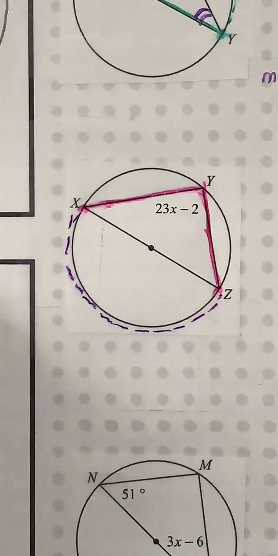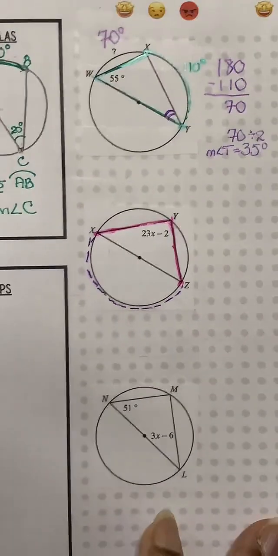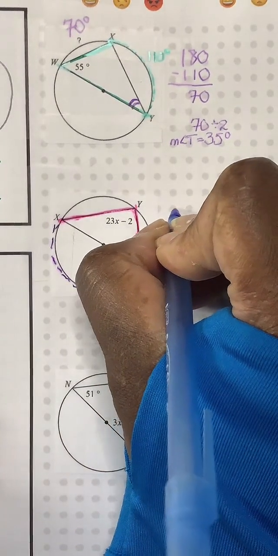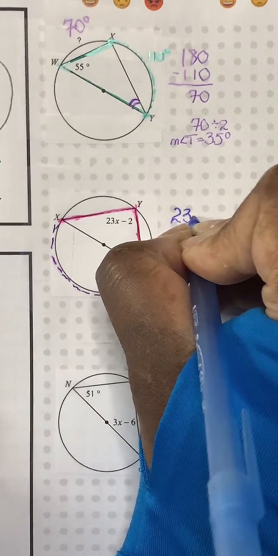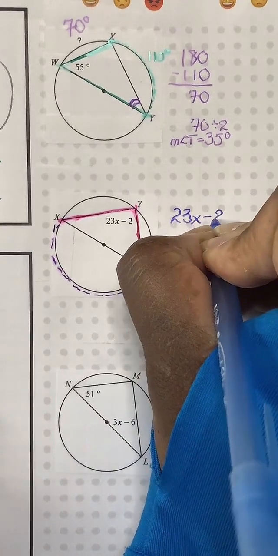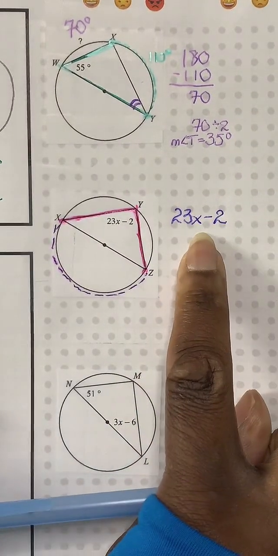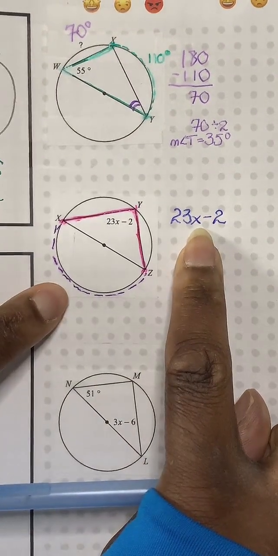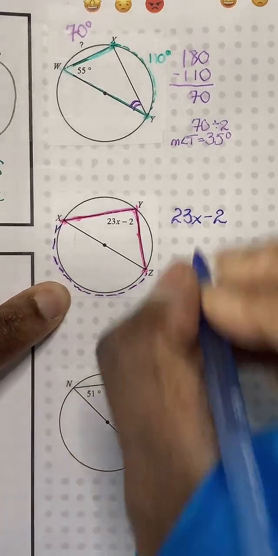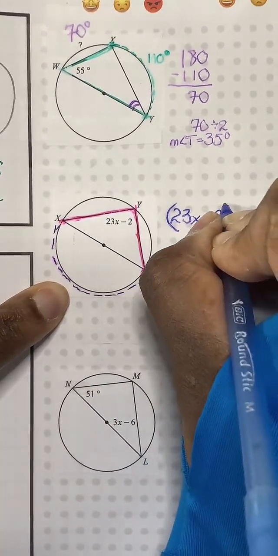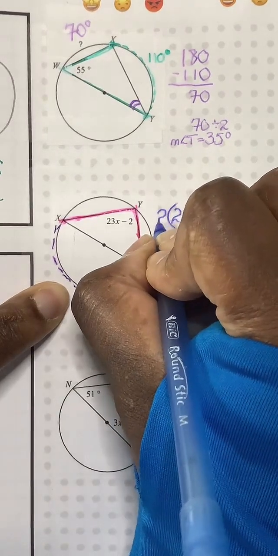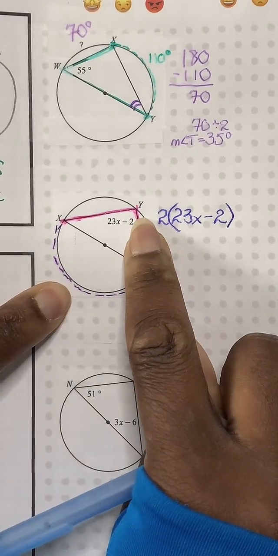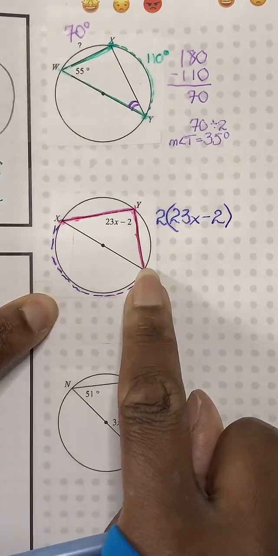We can design it like this. This 23x minus 2 is the measure of the angle. If I double this, it will equal my arc. So I'm going to times this by 2, because remember, the angle measure is half its arc.